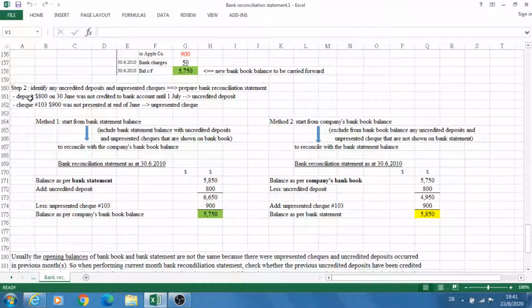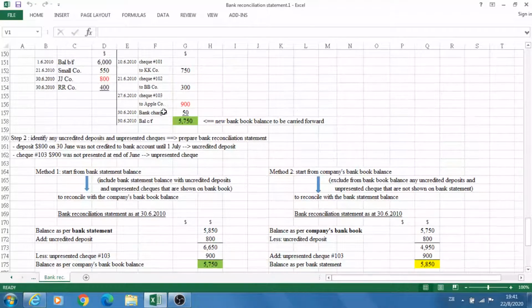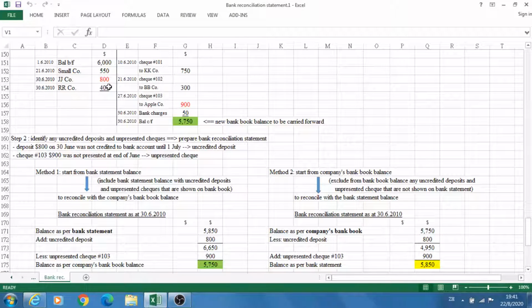Step 2. Identify any uncredited deposits and unpresented checks. The accountant found out deposits $800 on 30 June was not credited to bank account until 1st July.